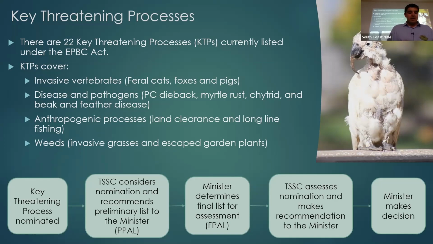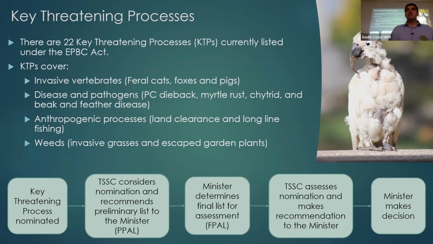A threat can be listed as a key threatening process if it could cause a native species or ecological community to become eligible for inclusion in a threatened list, cause an already listed threatened species or threatened ecological community to become more endangered, or adversely affect two or more listed threatened species or threatened ecological communities.